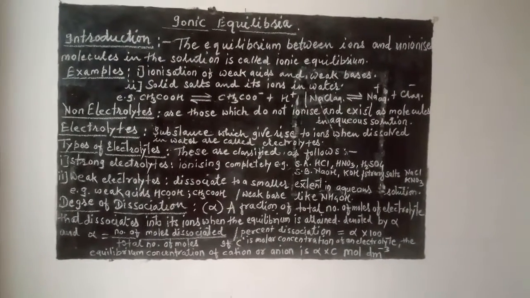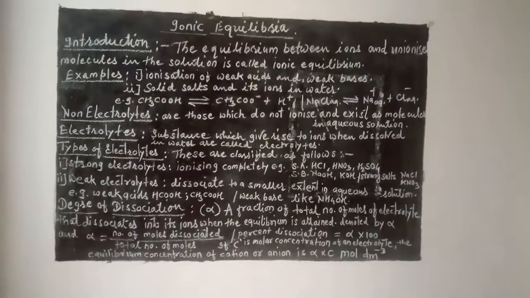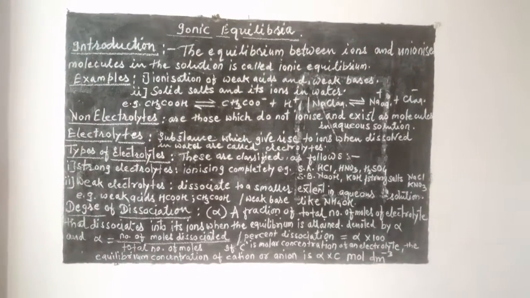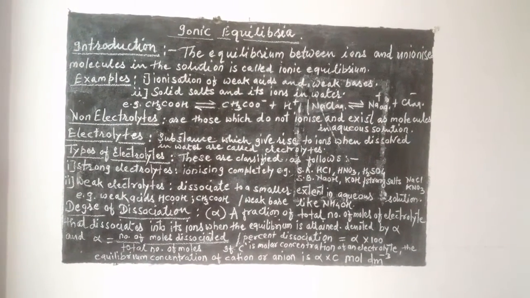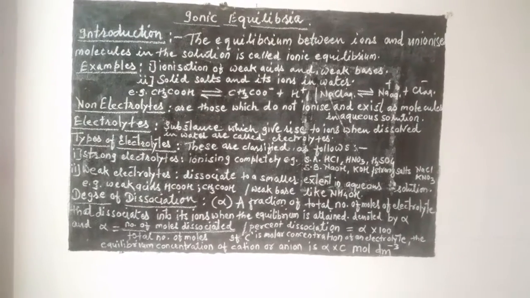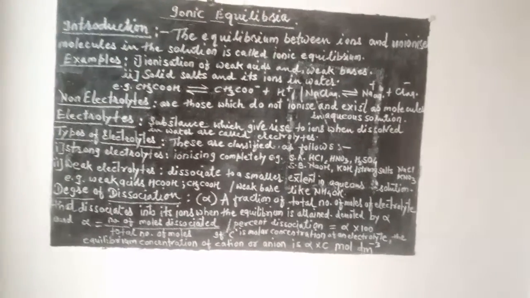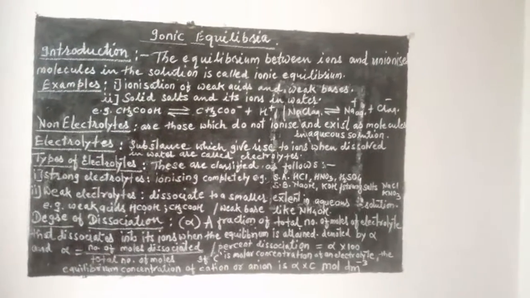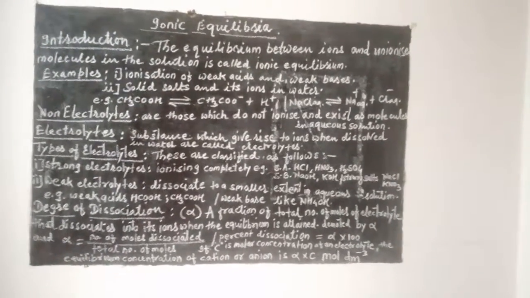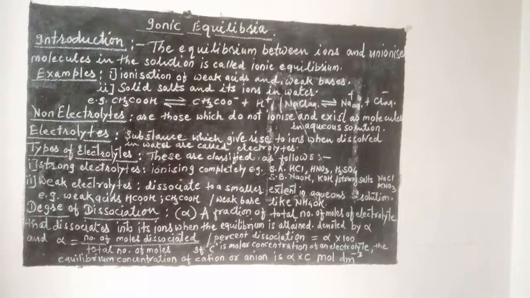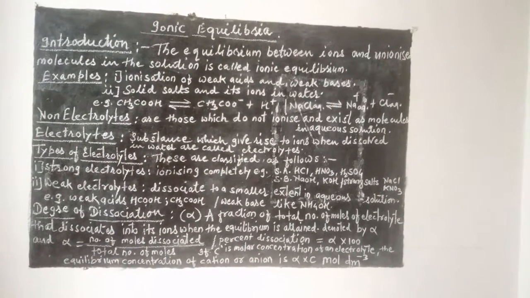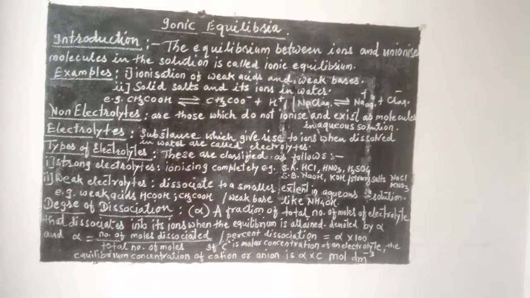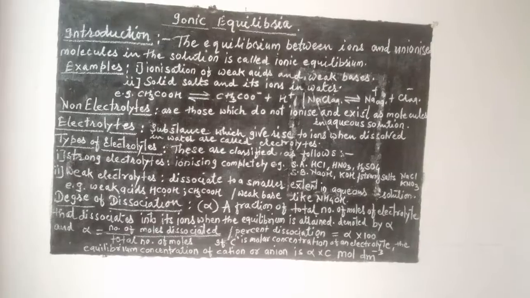You can give examples. See here on the blackboard, the two examples are given: ionization of weak acids and weak bases. The second example we can give is solid salts and their ions in water. I will just explain. For example, acetic acid, CH3COOH, is a weak acid.